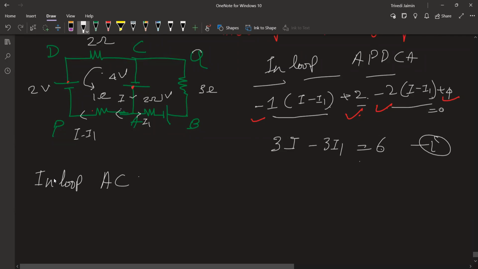In that this 2 volt, 2 ohm and 3 ohm, it is 5 ohm, and this voltage, if we apply this one, we'll get minus 5 plus 5i1 equals to 0.